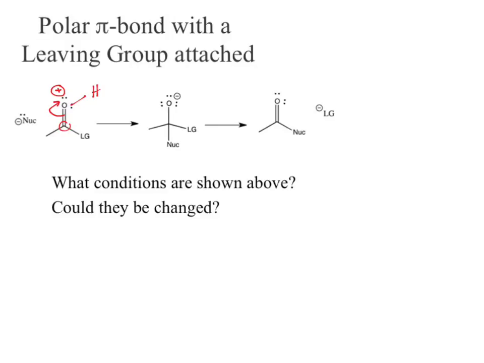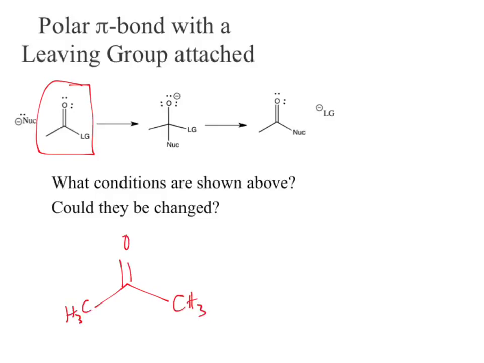What are our possible electrophiles that have leaving groups? We've seen some carbonyl structures already. Ketones, aldehydes. Would these be expected to go through a nucleophilic addition and elimination?